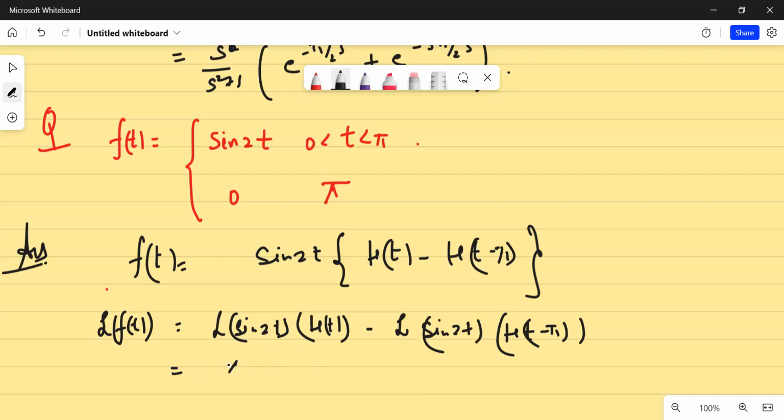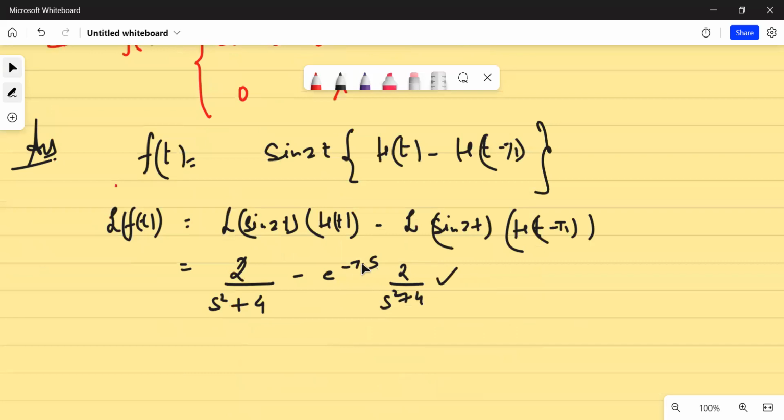It is equal to 2 upon s square plus 4. Right? Yes, sir. And minus e to the power minus pi s times 2 divided by s square plus 4. I hope it is clear. So you can take things common, then it will be (1 minus e to the power minus pi s) times 2 upon s square plus 4.